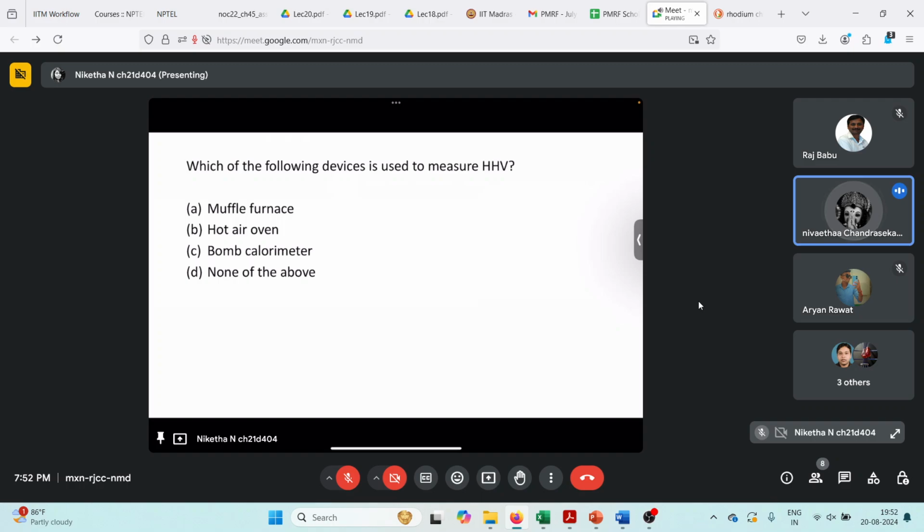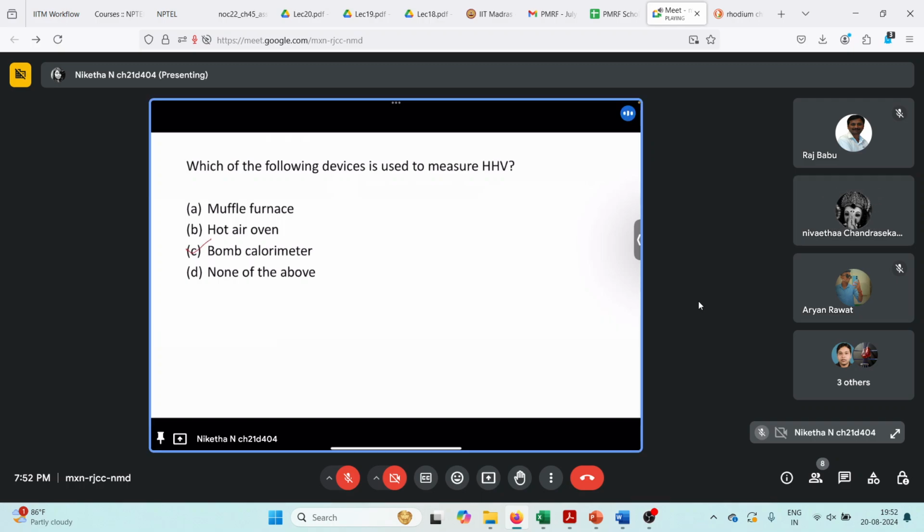Ma'am, bomb calorimeter. Yeah. So, in order to find out the higher heating value, we will use an instrument called a bomb calorimeter.